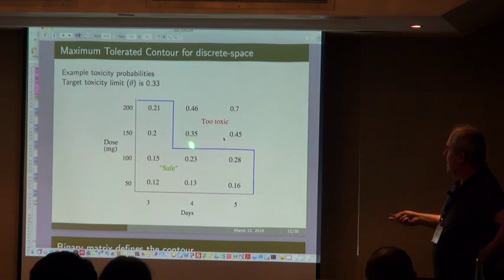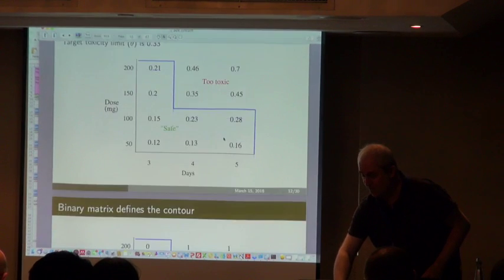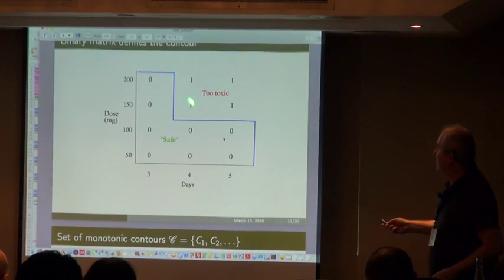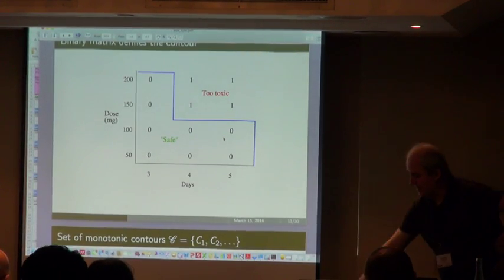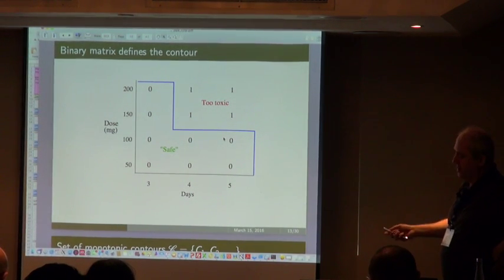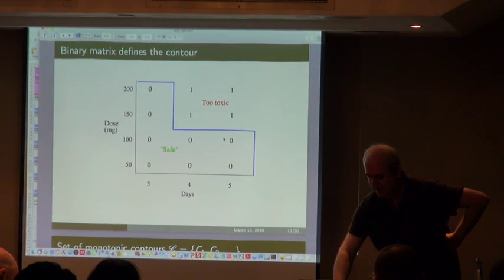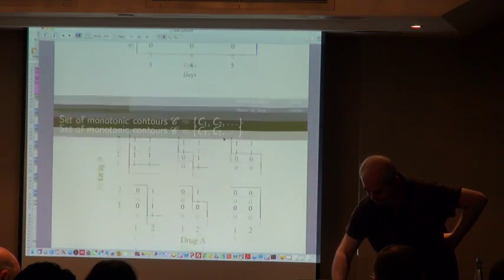If we split this space along this contour, that's really what we're interested in. I've just defined this as a binary matrix of dose combinations above and dose combinations below, and I'm going to use this notation of above and below later.